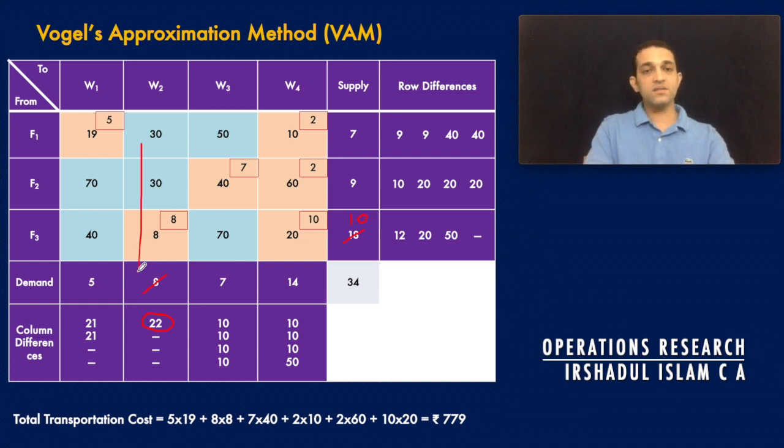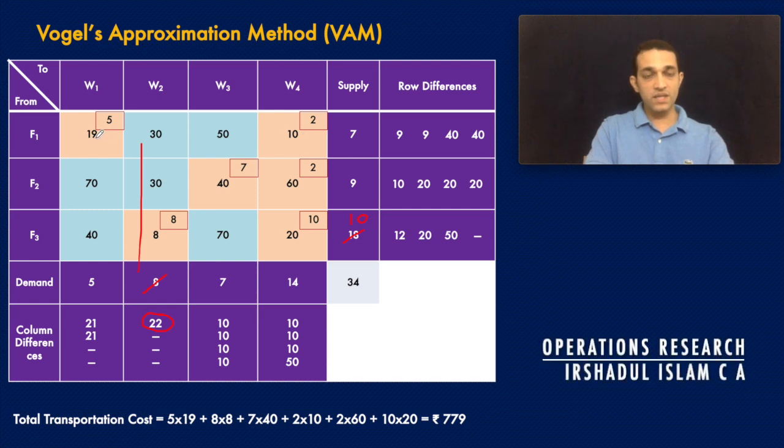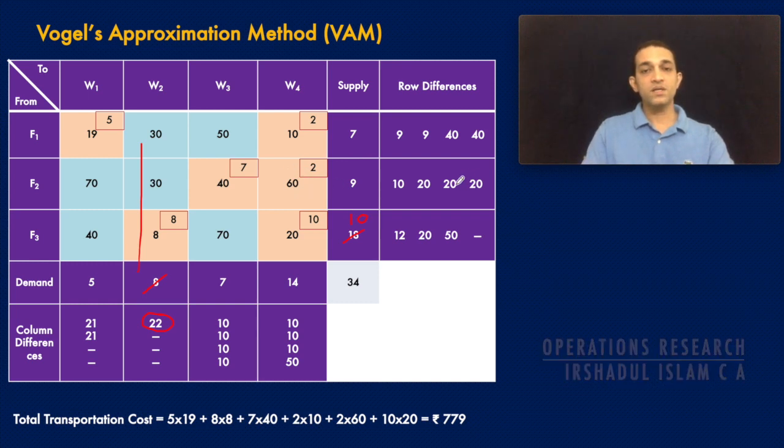Next, again we will calculate the remaining cost elements by taking the row difference, like 10 and 19, difference is 9. Again here, least cost is 40 and next highest cost is 60. Take the difference as 20.